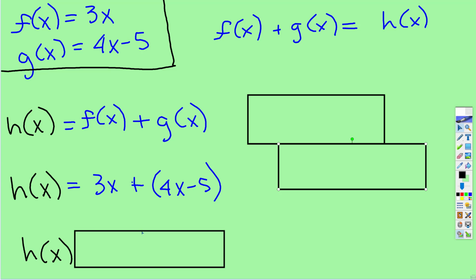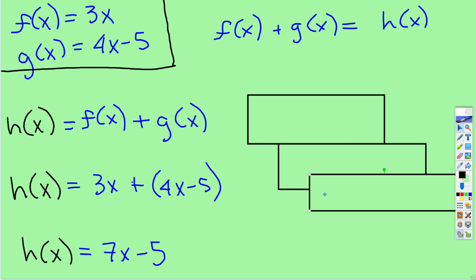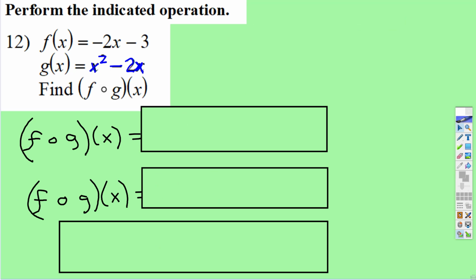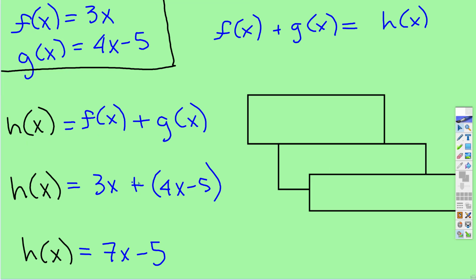Well, the x's can be added. So that's our new function. All right. So when it's add, subtract, multiply, or divide, you all would be able to handle that. If we switched this to subtract, well, the new one would be negative x plus 5. That's the new h of x.